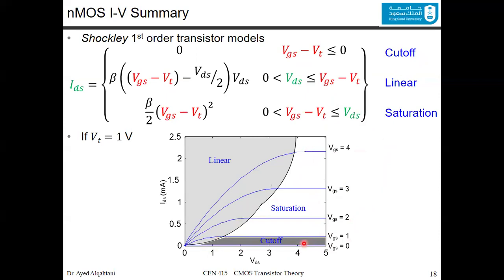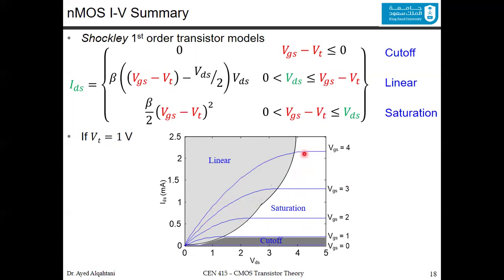Now, as VGS increases, you have these curves. This is when VGS is equal to 1. This is when it is equal to 2. This is when it's equal to 3. And here, when it is equal to 4.